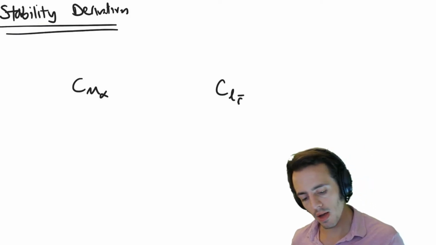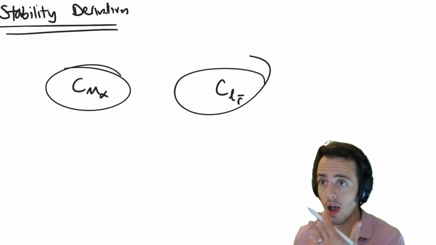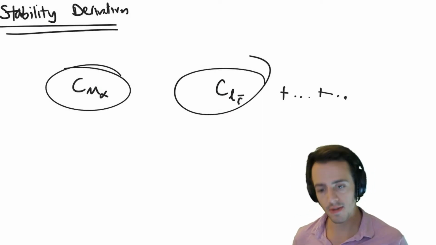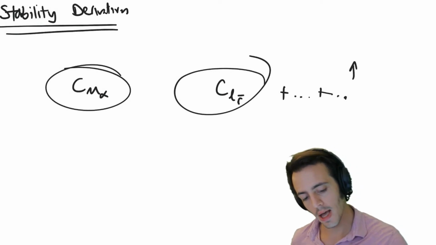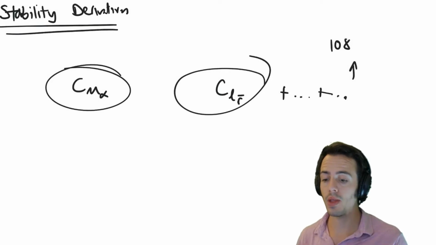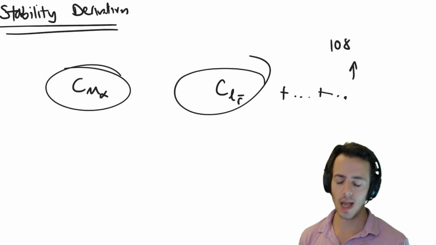So these derivatives are so important. I'm not just highlighting these two here, I'm highlighting these and all of the other derivatives we have. We're going to end up formulating a set of derivatives that goes up to 108, and that's what we're going to be developing in this module and the next one.